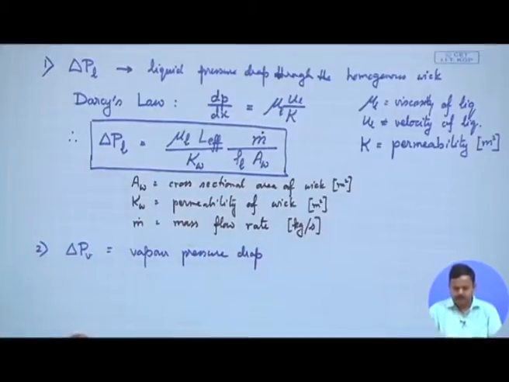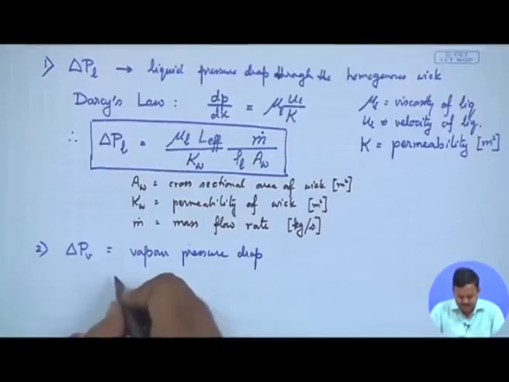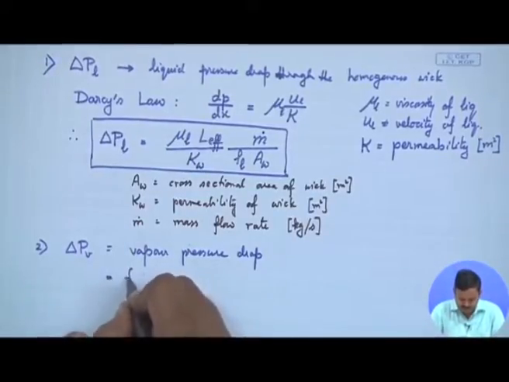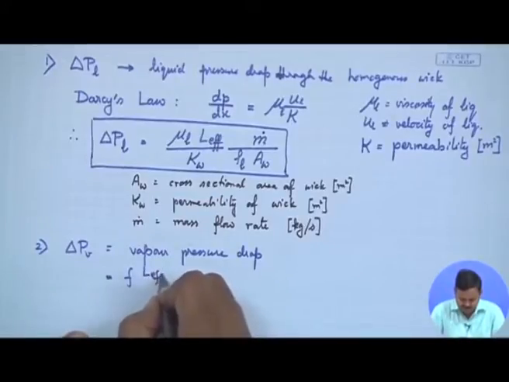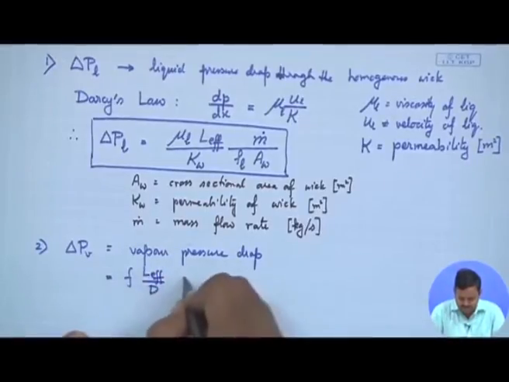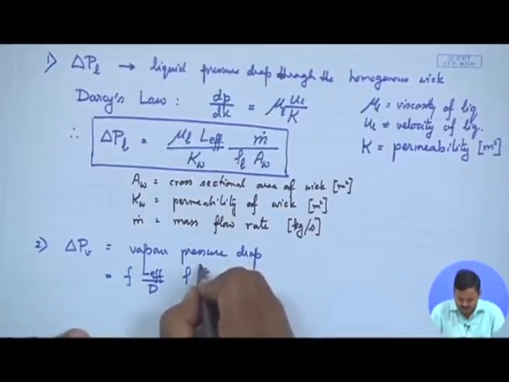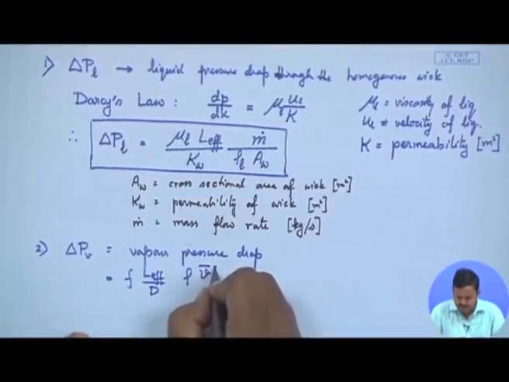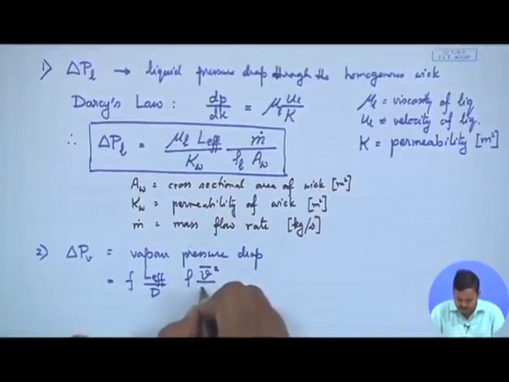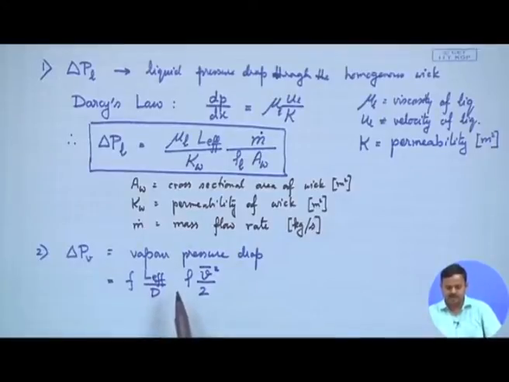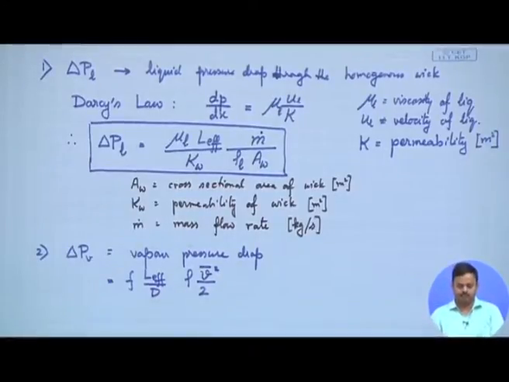And this one we can write, this is pretty well known to us, our standard f L effective by D rho, let us write it as V bar squared by 2. This is our standard definition for steady incompressible flow through a pipe, right.